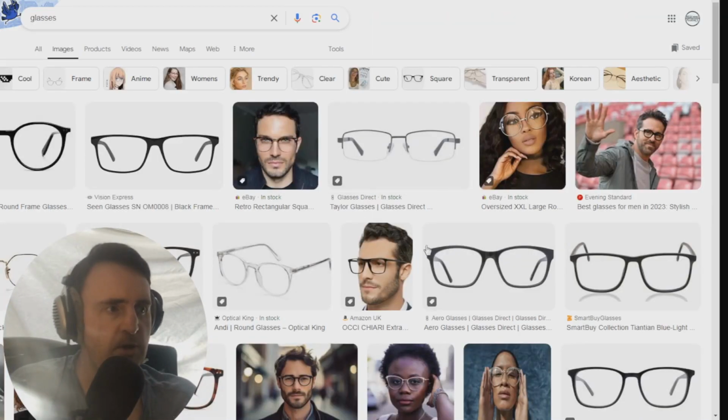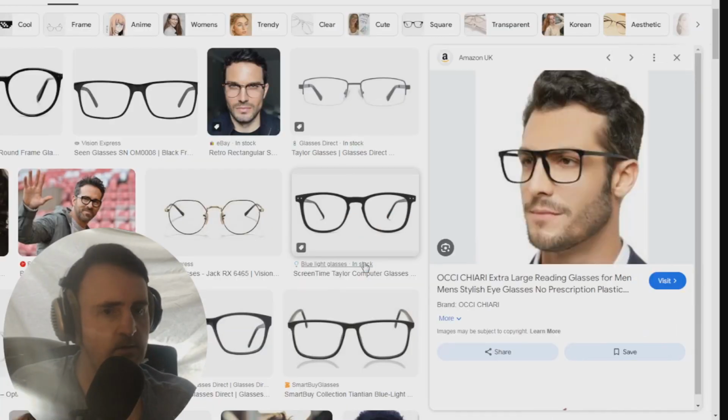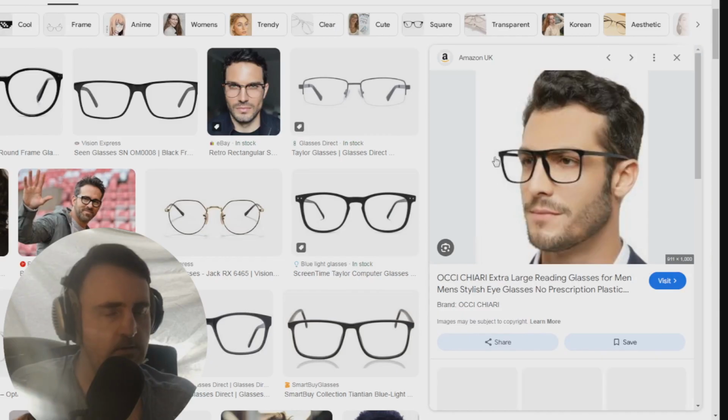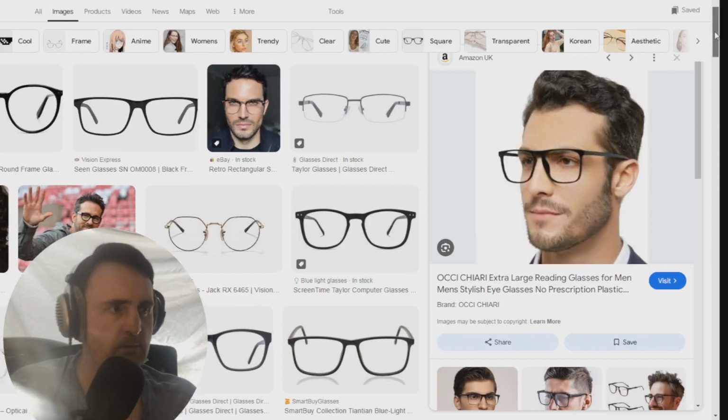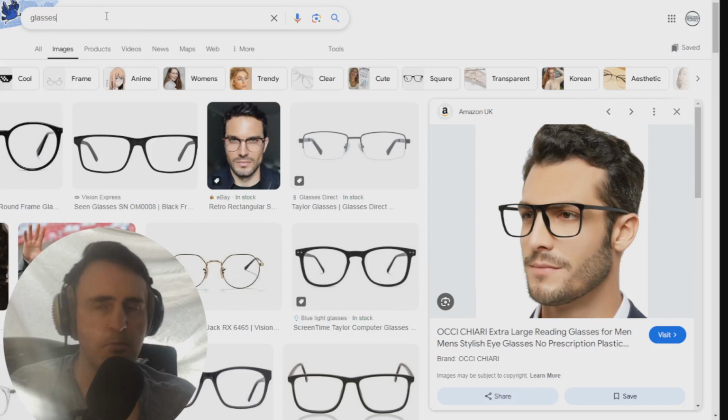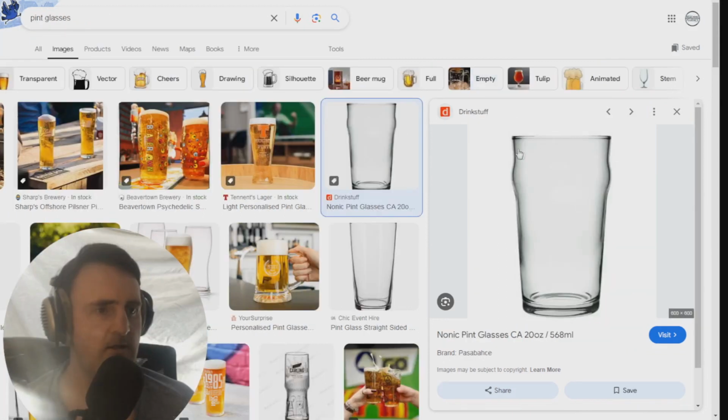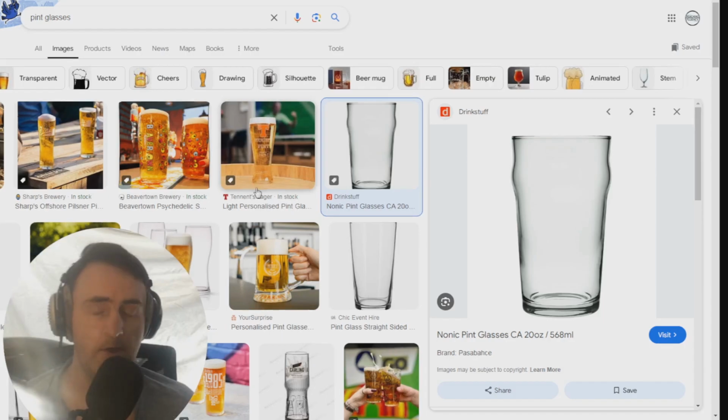Then we have glasses. So this man is wearing glasses, but he may also say, I need to go get some glasses. That's a glass. And if you have more than one, they are glasses.